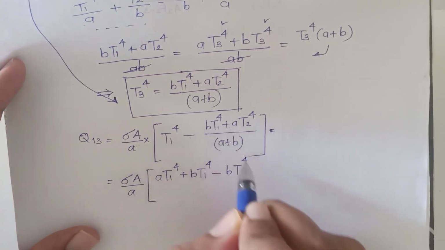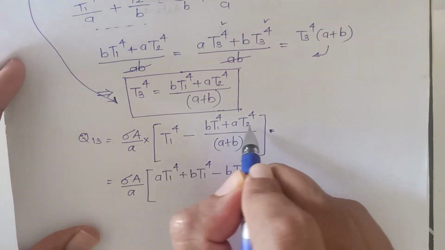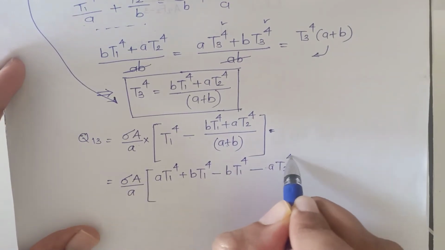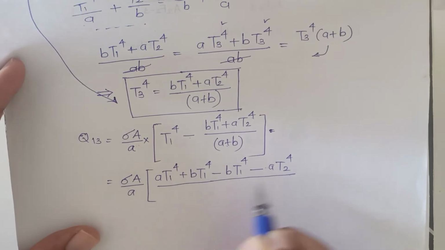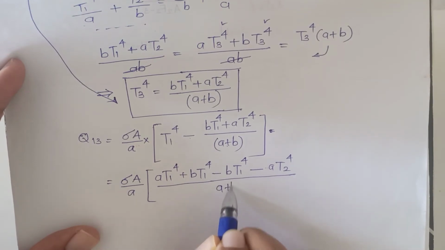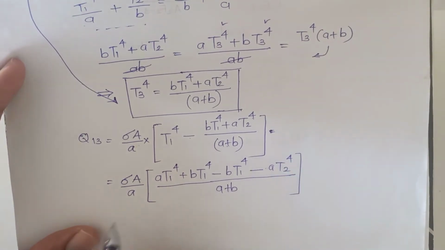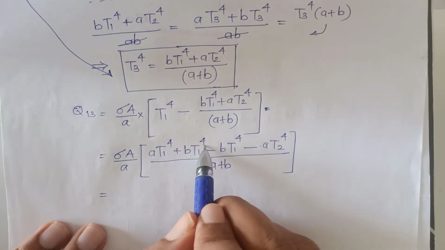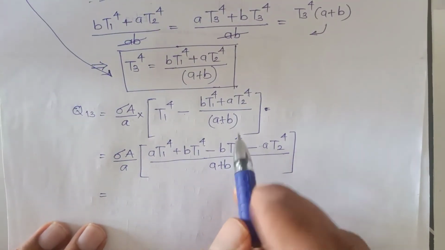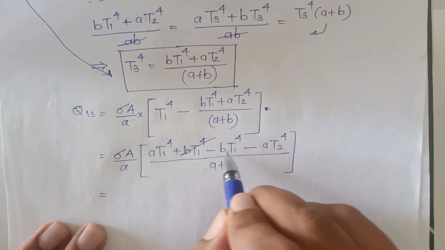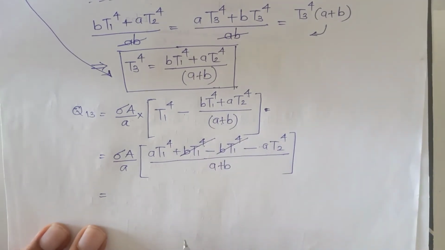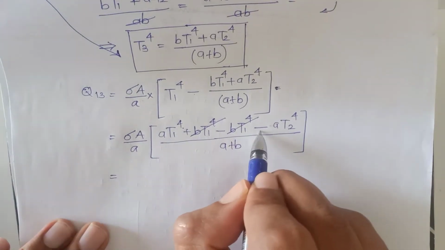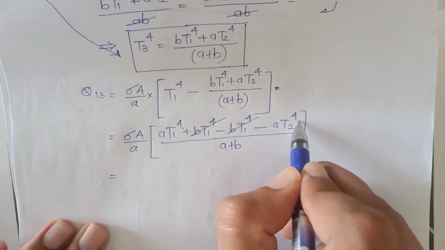This is minus, this is plus, so the next term will become minus A into T2 raised to 4 and divide it by A plus B. Now what do we see over here? This is B T1 raised to 4 positive, this is B T1 raised to 4 negative. So B T1 raised to 4, B T1 raised to 4 can be absorbed. What remains with us is A into T1 raised to 4 minus A into T2 raised to 4.